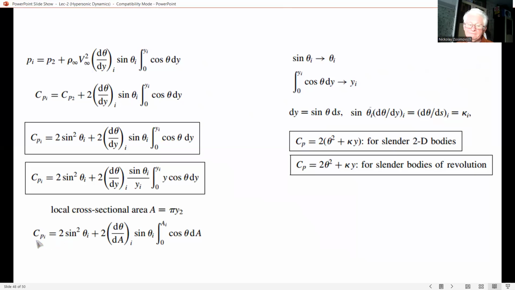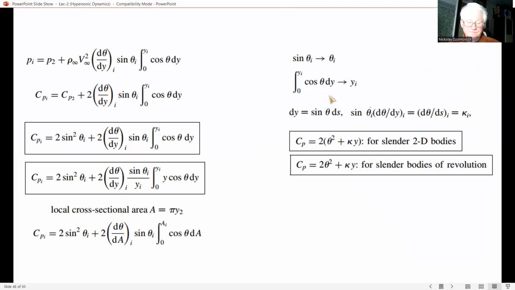formulation. So our last two equations take on a particularly simple form for slender bodies, where theta is small. For small theta, we may write sine theta at point i as simply theta at point i, and the integral from 0 to y sub i of cosine theta dy gives us simply y sub i.